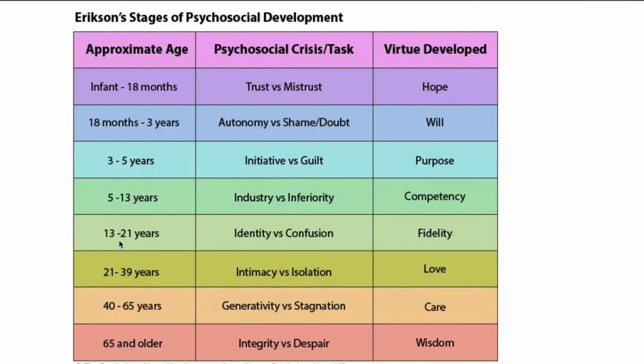Here people want to make their own identity, and if they don't make any identity, then they will become confused. For example, at 13 to 21 years they have to choose a subject like biology or mathematics, or decide which field they want to go into. And if they identify that, then they will proceed in that direction.